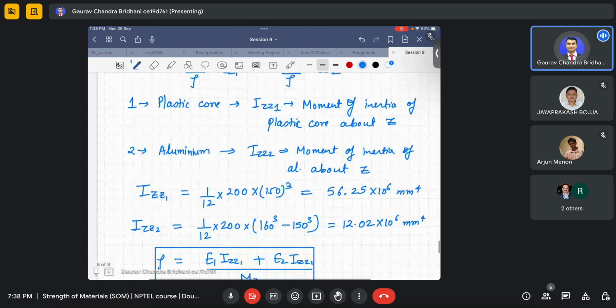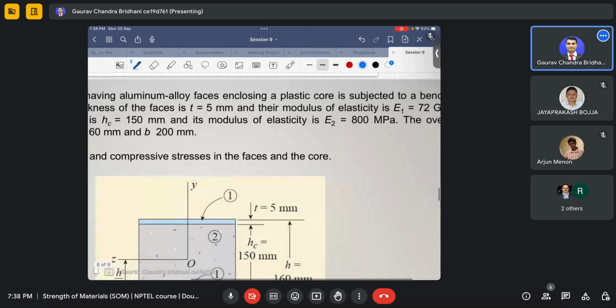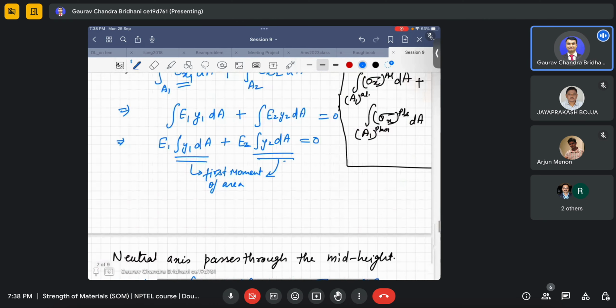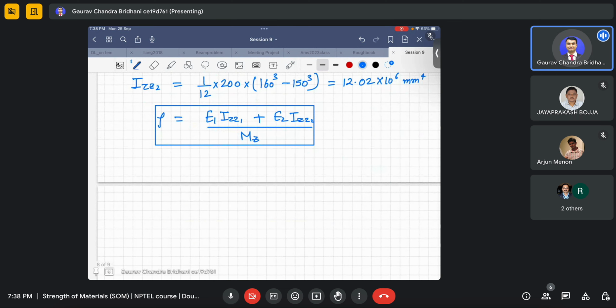First of all, just remember what E1 is. E1 is, I think, 800 MPa, and for aluminum E2 is, I think, 72 GPa. So I will write 72 into 10 power 3 MPa. Everything should be consistent. Now, rho is the radius of curvature, but most of the time we are interested in 1 by rho, because curvature is the inverse of it.